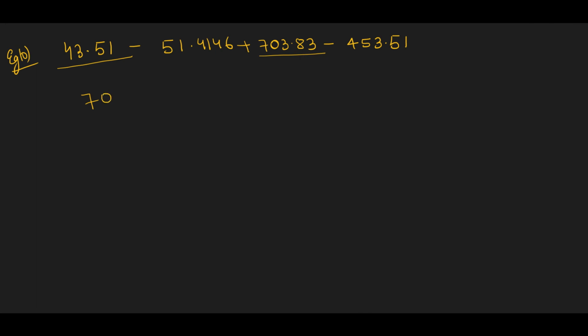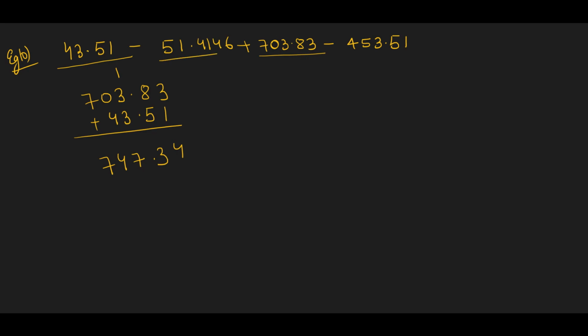So 703.83 and 43.51, you will add them. 3 plus 1 is 4, 8 plus 5 is 13, and so on, giving 747.34.